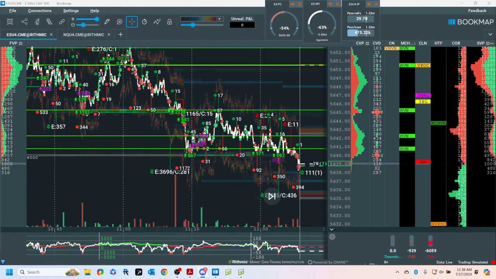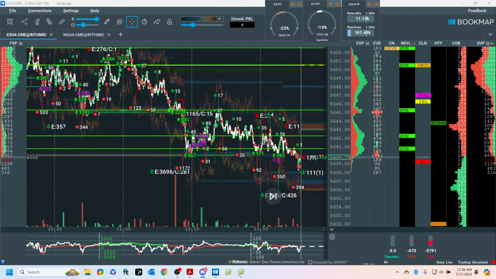Here, I'm going to try to scroll back to this morning in the Trader Lab. I want to show you some stuff as far as levels and when they were posted.